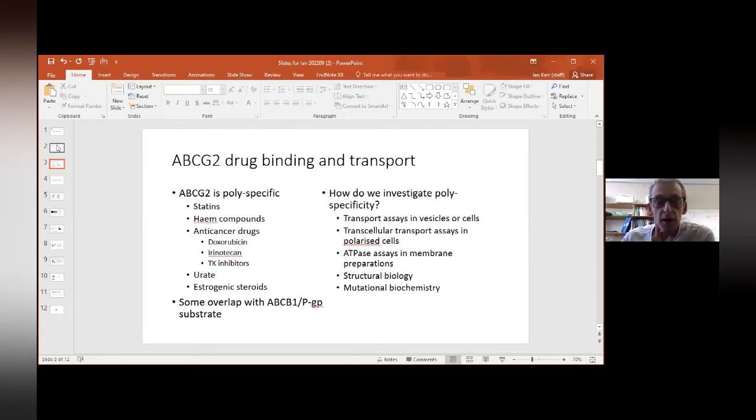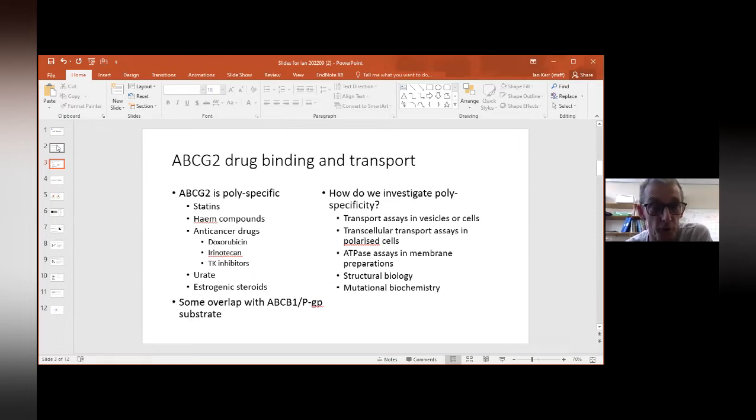So in terms of drug binding and transport, we know that G2 is polyspecific, and I've just listed here a handful of chemicals or types of chemicals that we know that ABCG2 can interact with. And Anna knows probably thousands more that it can interact with and how.